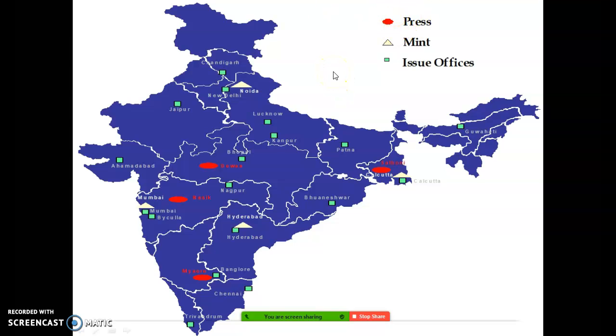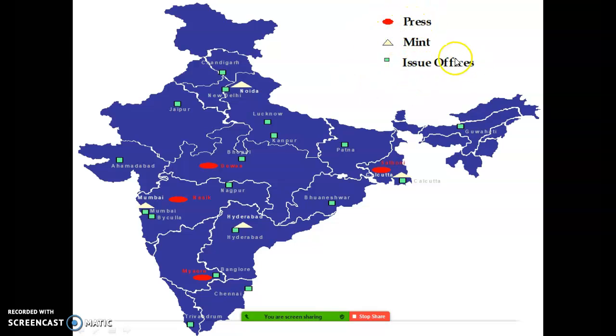For example, when the postal department completed 150 years, they issued a special 150 rupees coin. But in most circulation we observe 1 rupee, 2 rupee, 5 rupee and 10 rupee coins. That comes under the mint. Regarding the press, 1 rupee note, 5 rupees, 10 rupees, 20 rupees, 50, 100, 500, and 2000 currency notes are issued by the press.